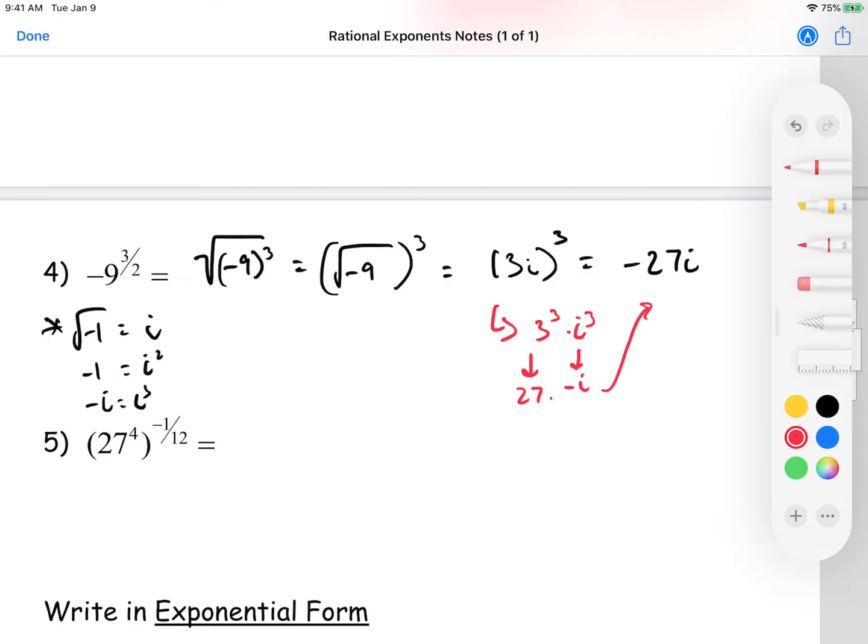It does make sense, but I just don't understand why i is negative. Okay, so again, going back. If I think about i cubed, this is the same thing as i times i times i, which is the same thing as the square root of negative 1 times the square root of negative 1 times the square root of negative 1.